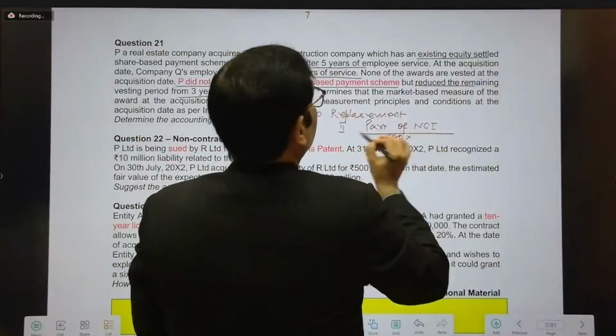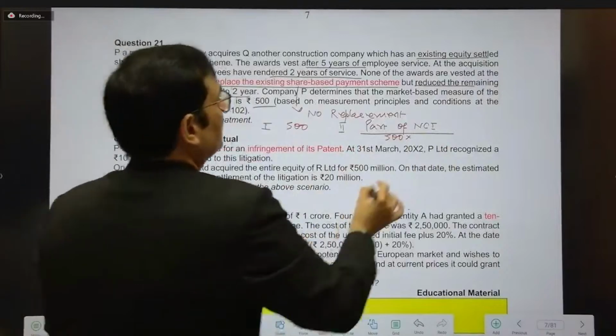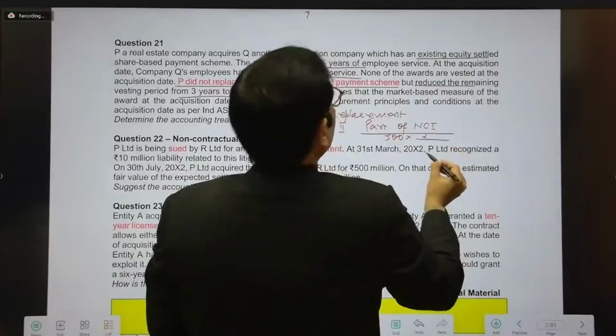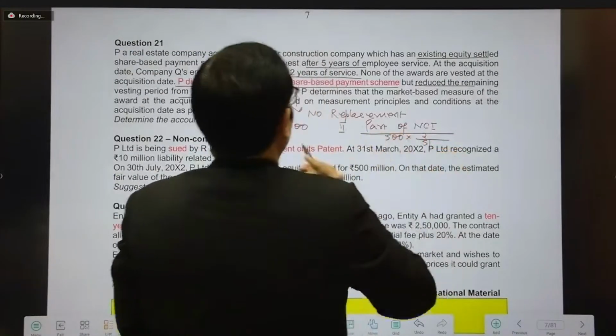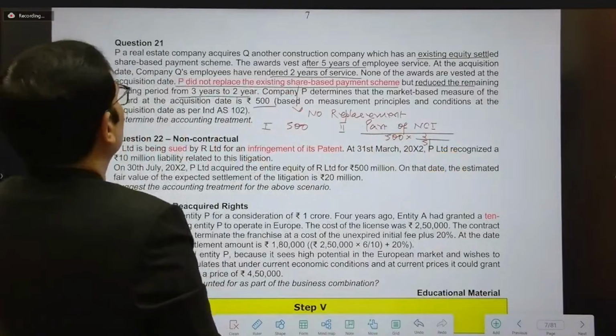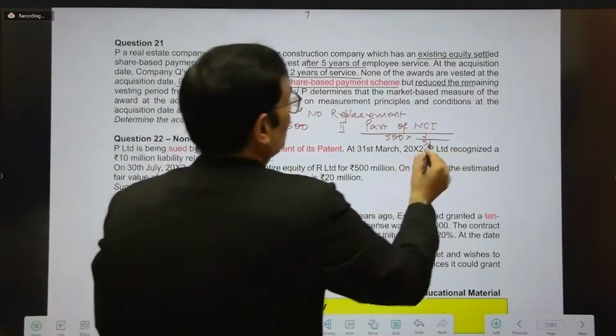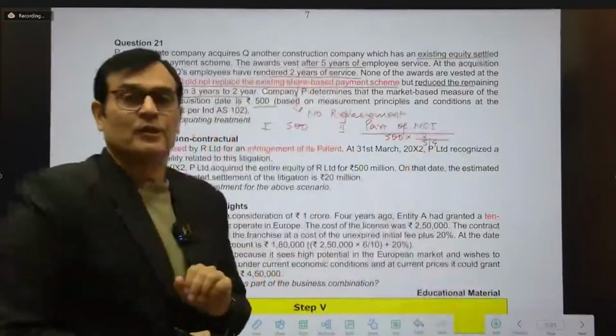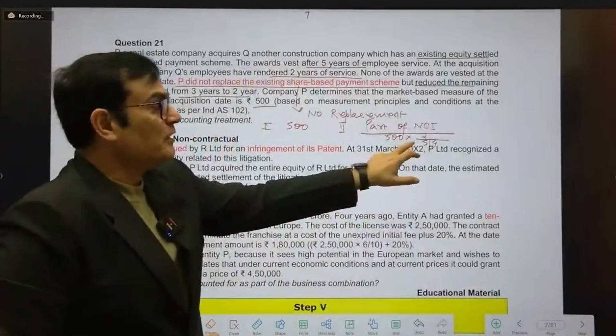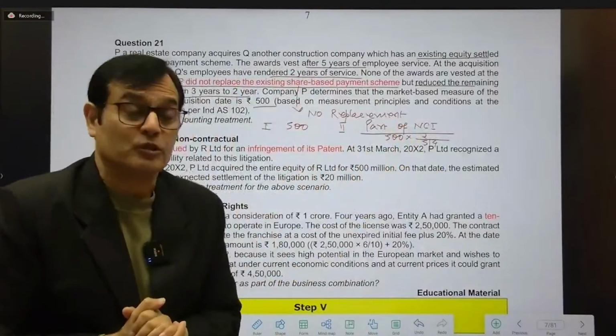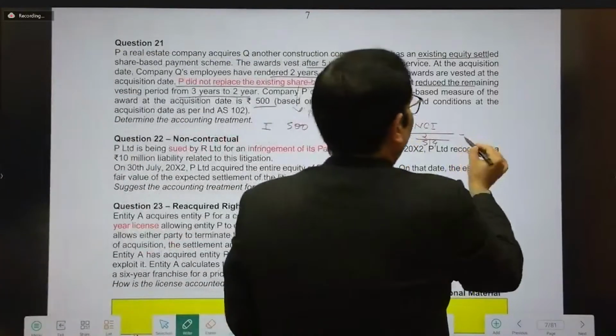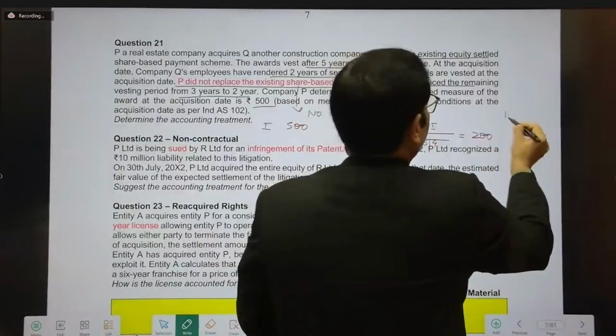What is the vesting period completed? The vesting period completed is 2. Original vesting period is supposed to be 5. And now he's reduced the remaining vesting period from 3 to 2. So total is 4. So we are considering the original vesting period 5 or the total vesting period 2 plus 2, 4. So that makes it 2/5. That is 200 is a part of NCI.